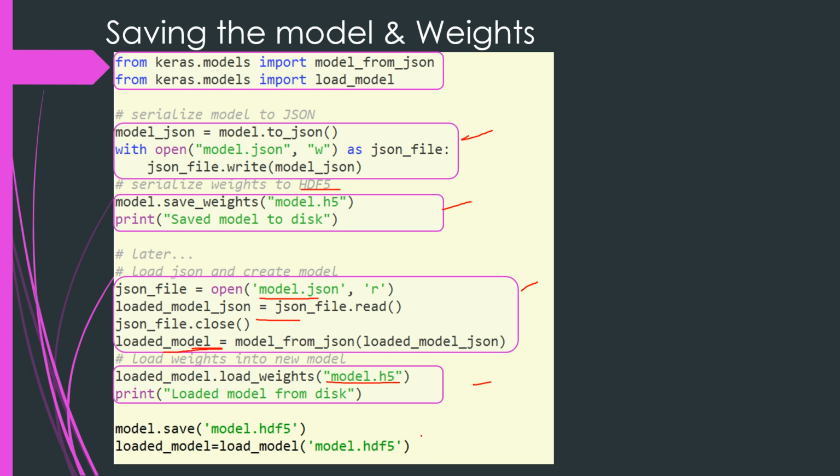Another way which I most of the time use is this one, where I just directly save the model along with the weights. Once you've trained your model, those weights in that model are fixed, so they are there only. So you can just write model.save model.hdf5 and it will save the model along with the weights, and then you can load the model using load_model model.hdf5.